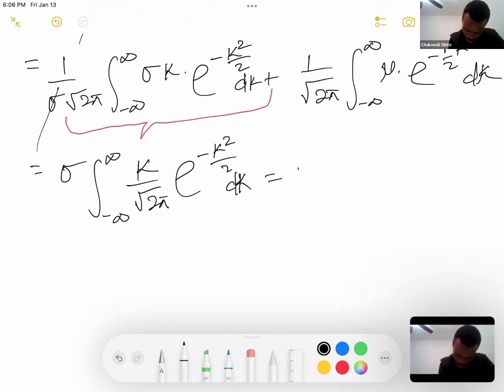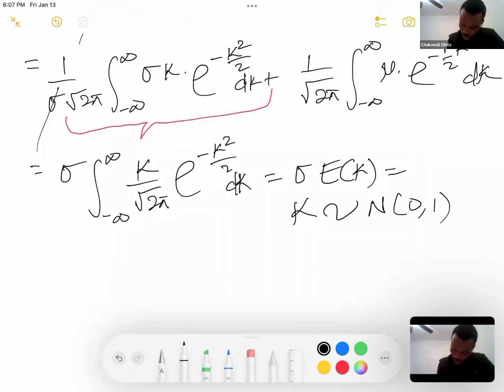This is equal to sigma times expected value of k of a standard normal distribution. And the expected value of k, that's k follows a normal distribution with mean 0 and variance 1. The mean of a standard normal distribution is 0. So this becomes sigma times 0, which is 0. So this means that this is 0.